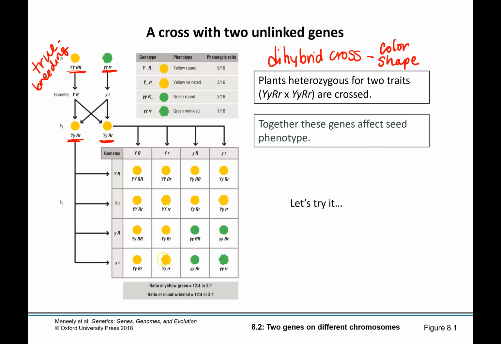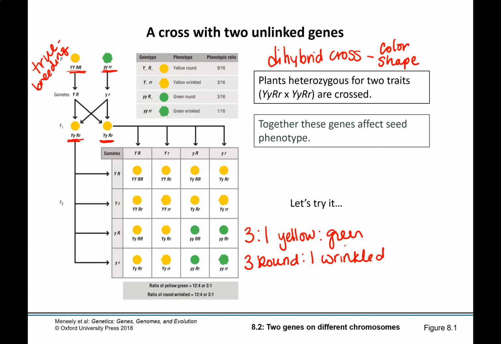I'll work this problem out in just a minute to show you how it happens, but if we look at all of these combinations here, you'll see that 3-to-1 are yellow to green, and we see the same ratio with the round and wrinkled. 3 round to 1 wrinkled.